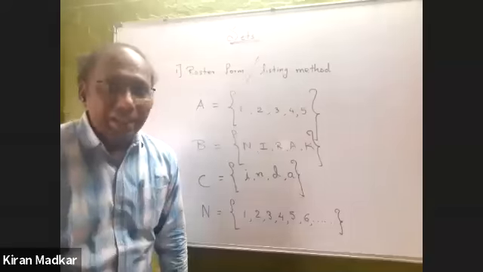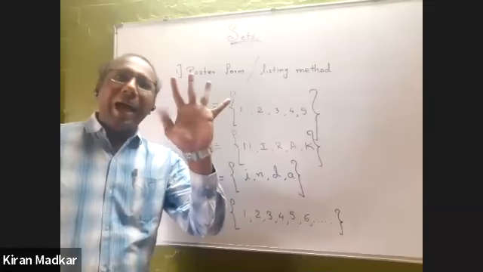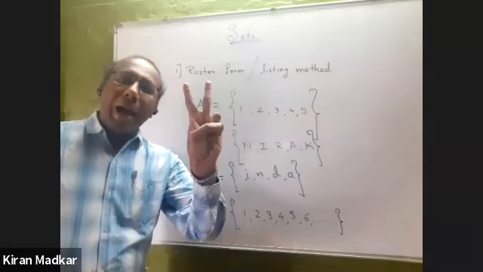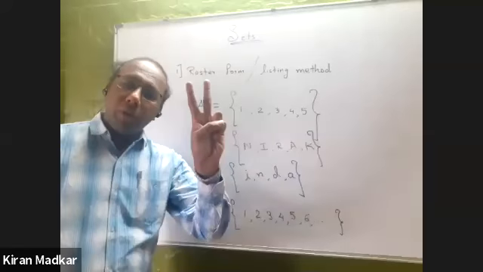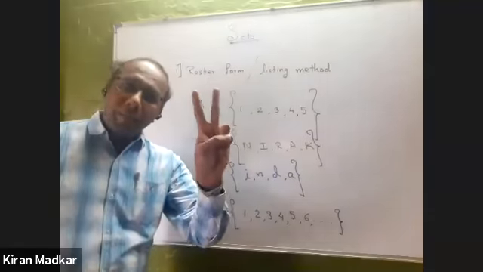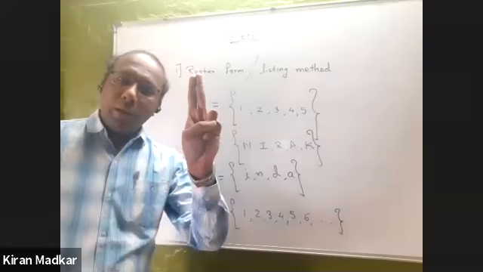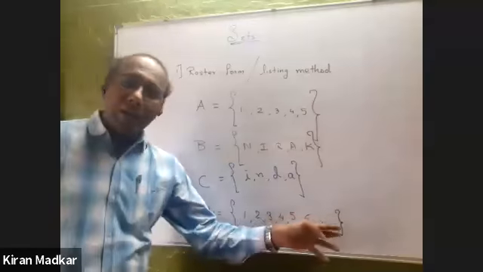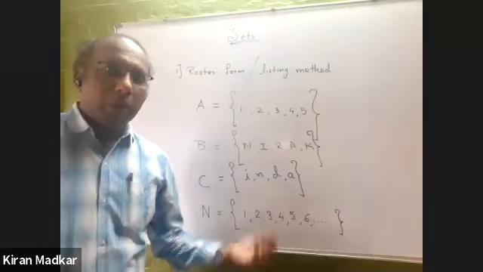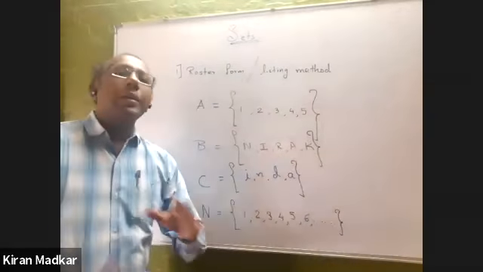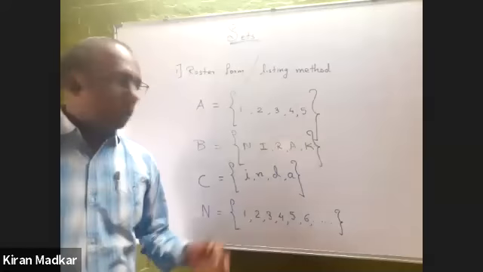India's spelling is INDIA. There are 2 I's in the word India. So while writing the elements, you have to write only 1 I. Whether you write it first or later is not an issue. As I told you before, the order is not important. So you can write anyhow, that is perfectly fine.